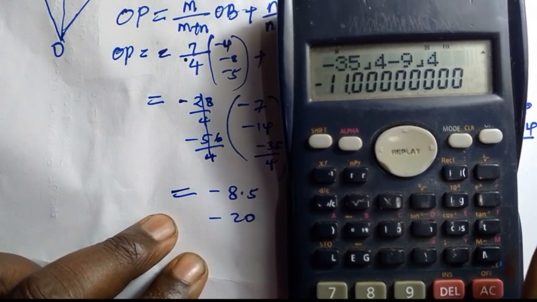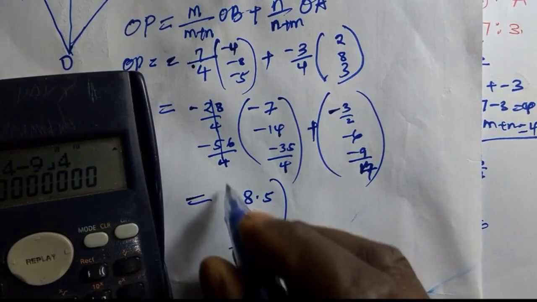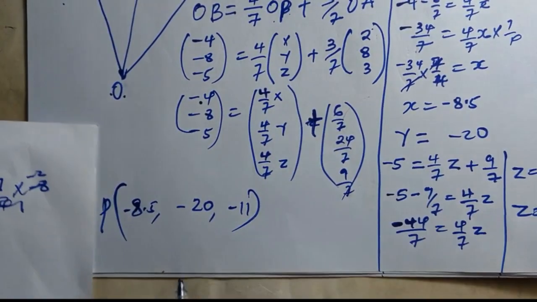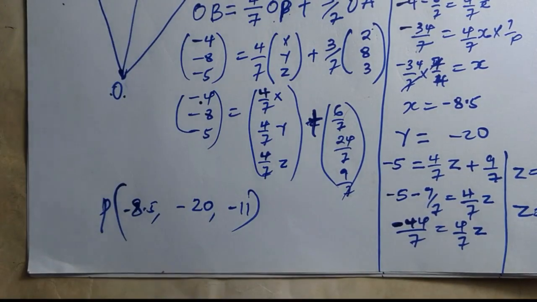You find that it is negative 11. So it is actually the same as what we got here. So you can choose to do this way or this way, the one you want. For external, you need to be very careful.